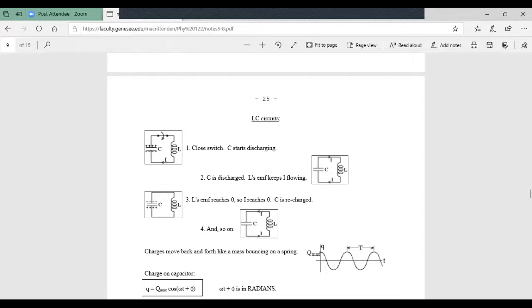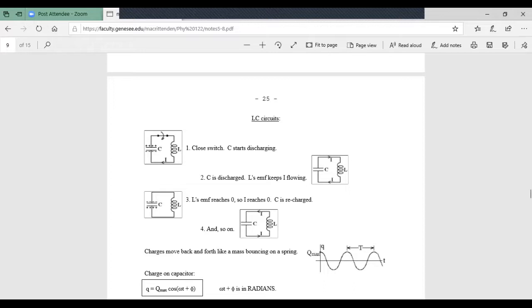Where is the energy going that was stored in that field? Well, over here, as the current builds up, the magnetic field of the coil is getting stronger and stronger. So the energy that used to be stored in the electric field over here is now stored in the magnetic field over here. So step one, you close the switch, the capacitor starts discharging.